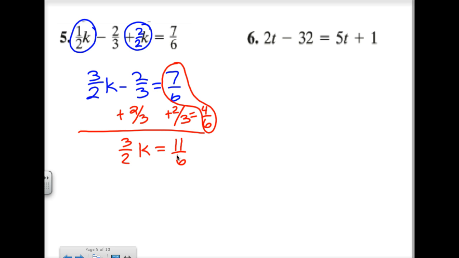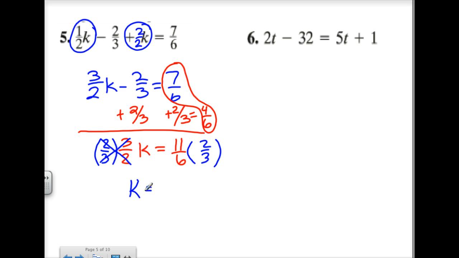Then the next step is, how do I get rid of this fraction? Since I'm multiplying by 3/2, we've talked about how the only way to get rid of fractions that we know at this point is to multiply by its reciprocal, which is the flip. So I'm going to multiply that. That's going to take care of the coefficient of k, so k is just by itself, so 1k.